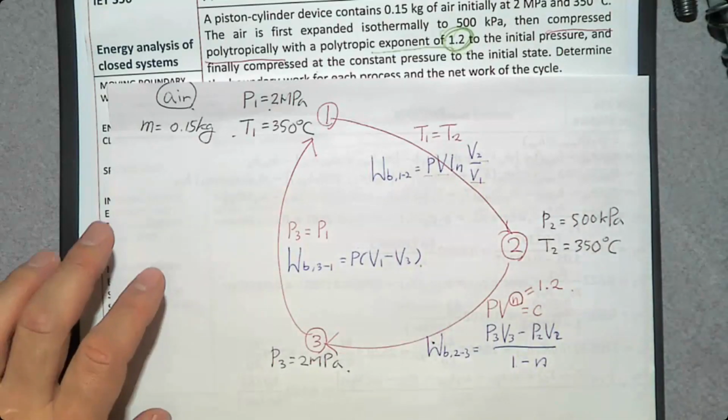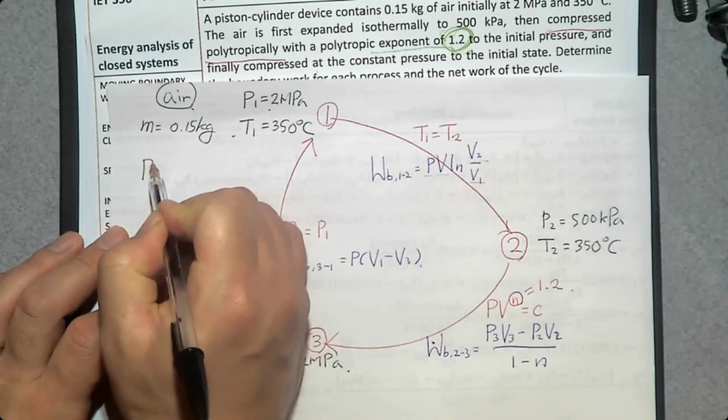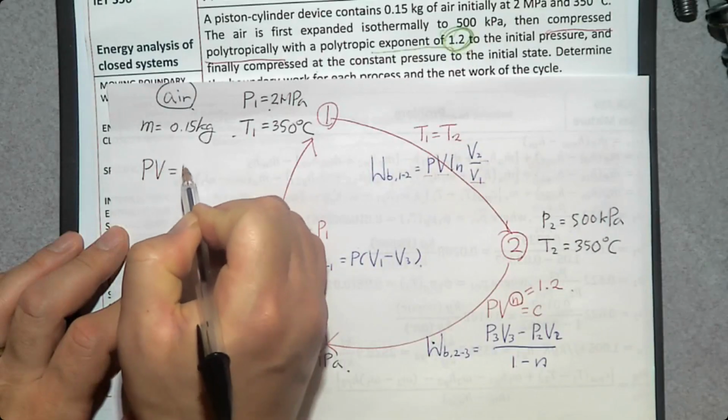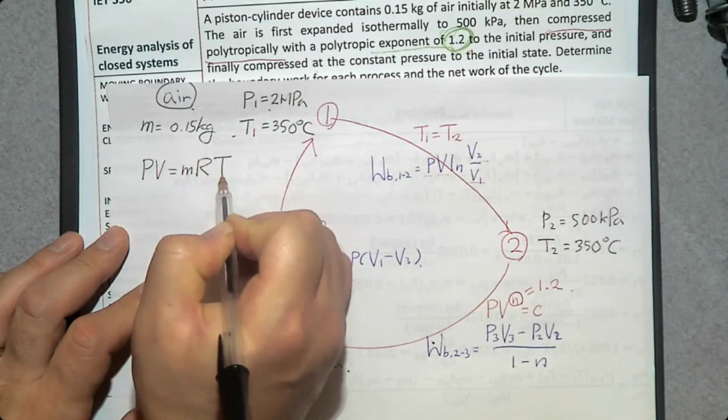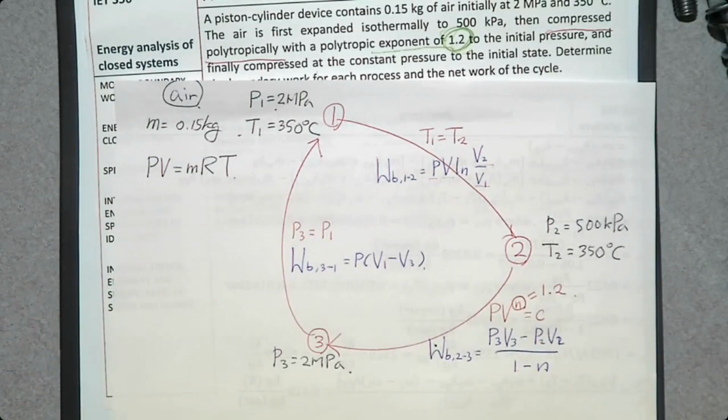So the ideal gas equation, PV is nRT. Then can we use this P1, and for V, V2, and for this T, T3?